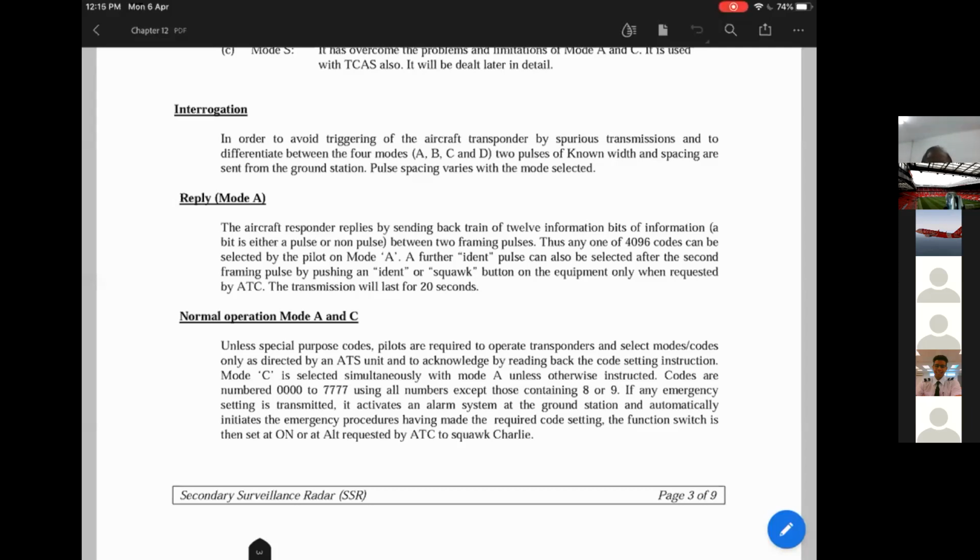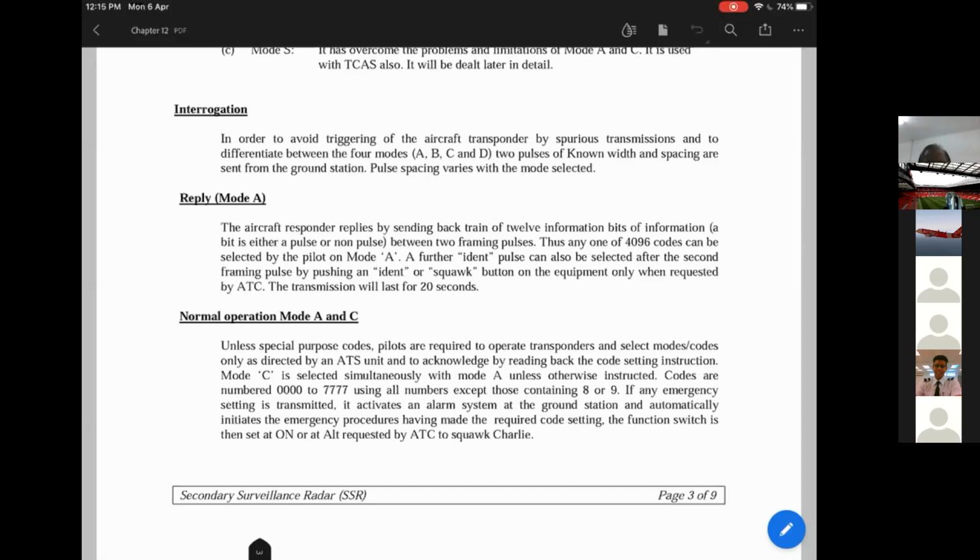The modes or the codes are given to you by the ATC. Invariably, modes A and C are normally operated together, unless specifically told otherwise by ATC. Otherwise, the control of the aircraft is directly by the air traffic control system.